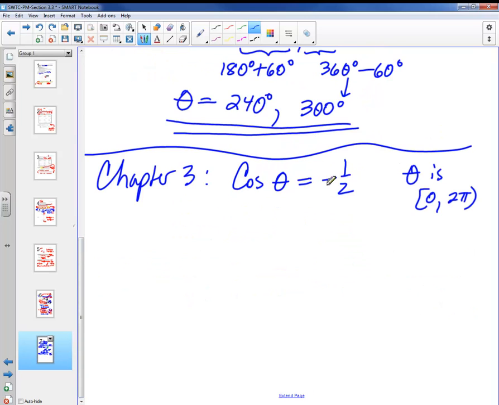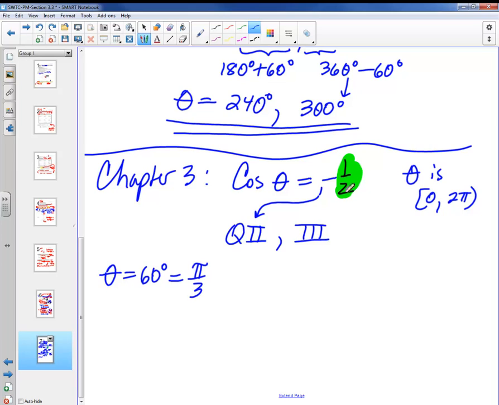You look at the sign and you realize that because of the sign, your theta is going to be in quadrants 2 and 3. I look at the value of 1/2, and that reminds me of exact values. Maybe the first thing I do is think in degrees, and I think, oh, that's going to be 60 degrees. But since you're asked to find it in radians, I have to think in terms of pi over 3.